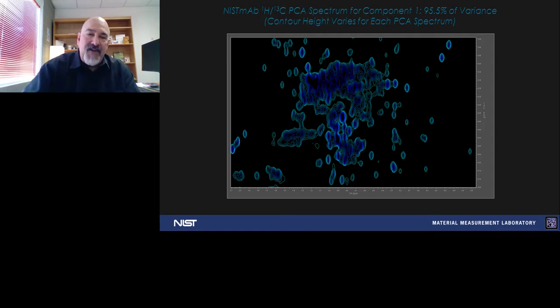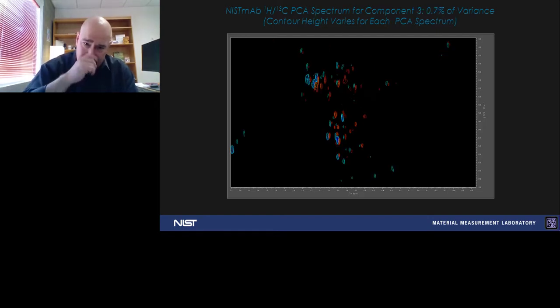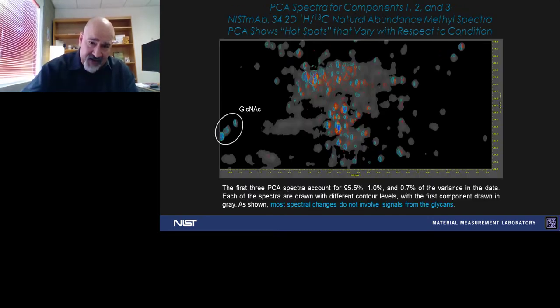But now, if we subtract this and look at the second component, what we see is that there are particular locations in the spectra that are changing from one spectrum in the series to the other. So here's the second component, here's the third component, and here's what they look like together.